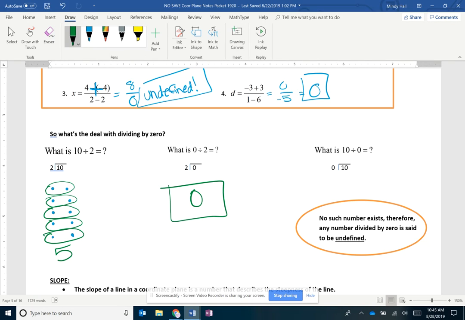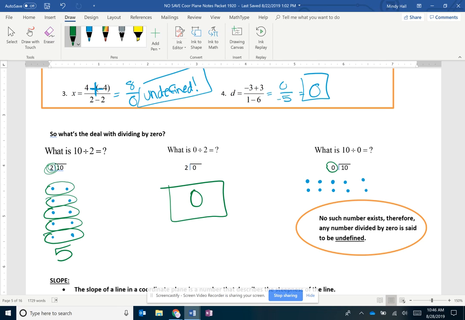Now, if I do 10 divided by 0, if I have my 10 little dots, let me do the blue so it's a little bit thicker. 1, 2, 3, 4, 5, 6, 7, 8, 9, 10. So if I'm doing 10 divided by 0, I'm trying to break it into groups of 0. Over here with 10 divided by 2, we were making groups of 2.